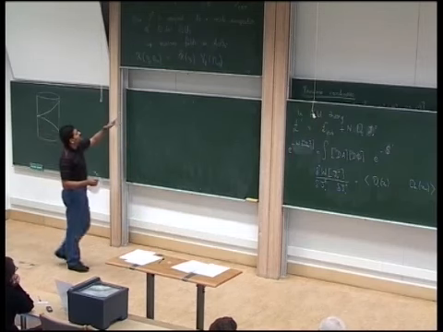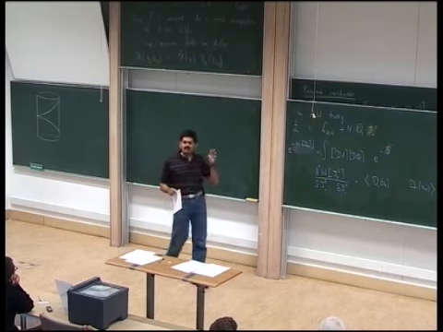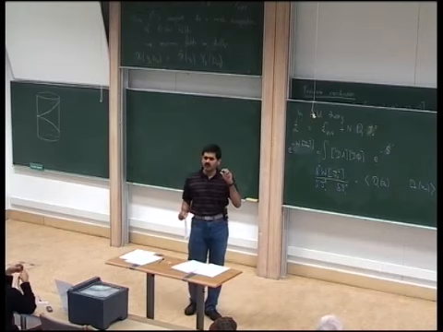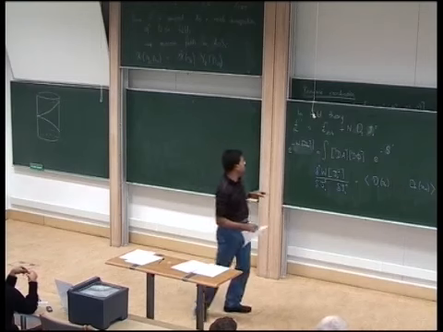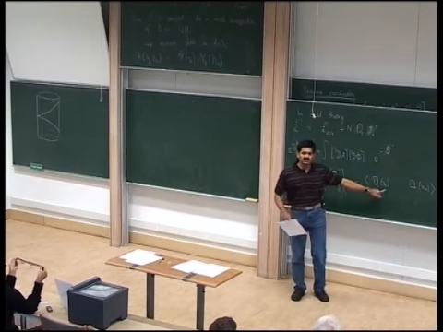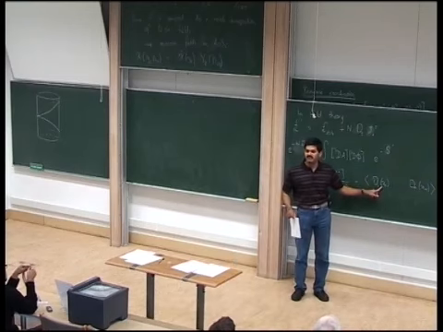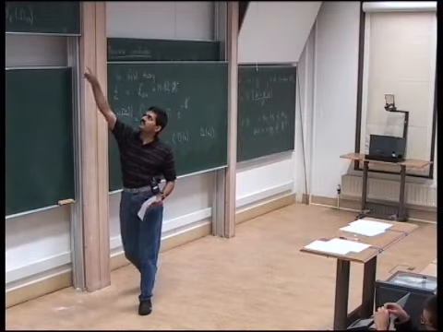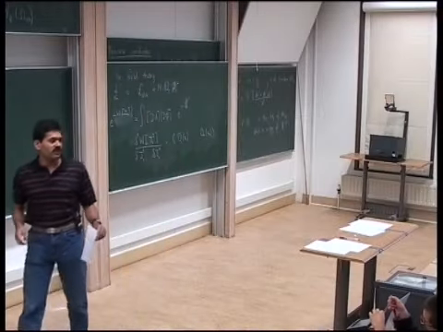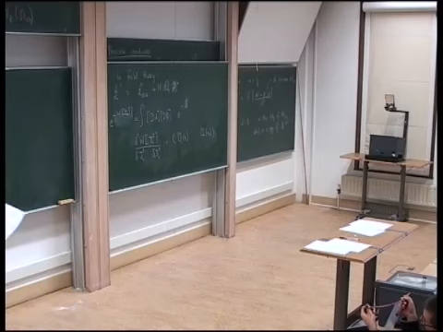Okay. So in order to be able to do this computation, I need to give you a dictionary between operators in the field theory, the operators that I'm interested in, and fields that are propagating in AdS5 cross S5. Okay? So let me first assert what the correspondence is.